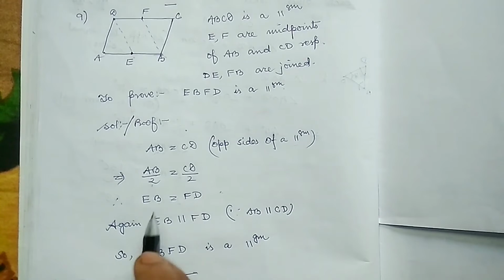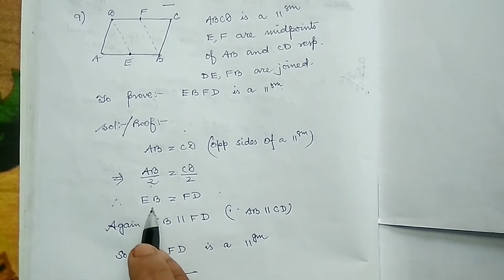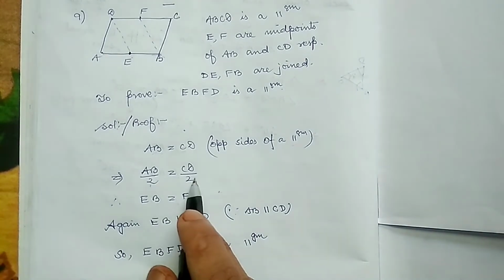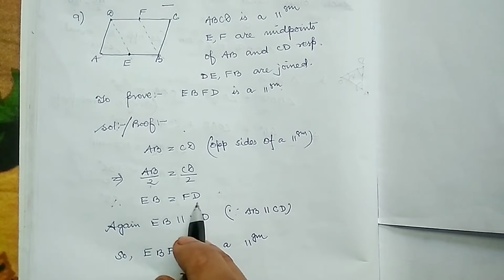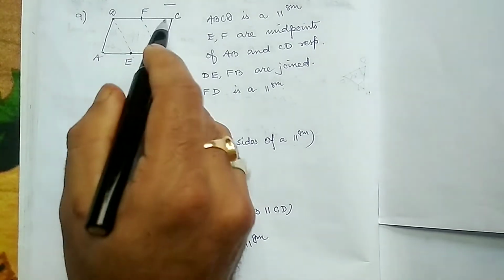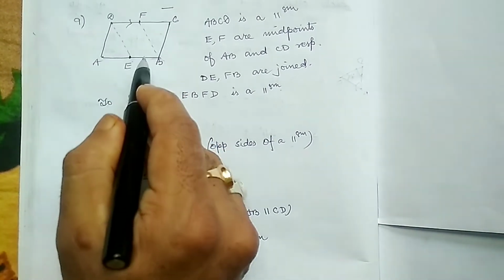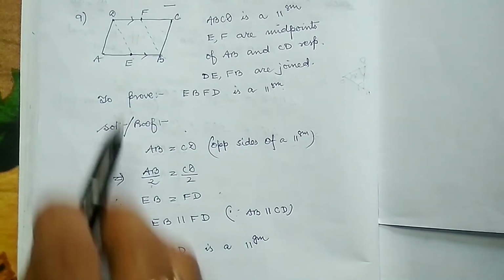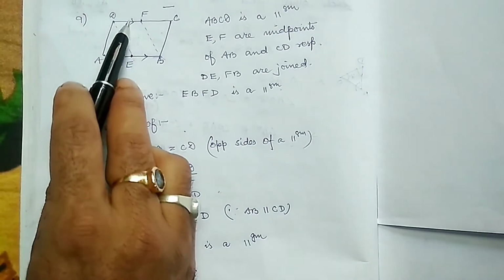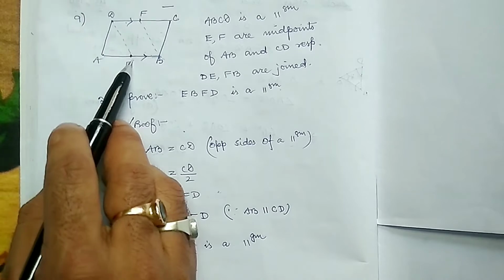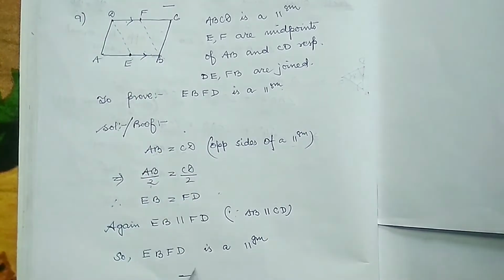So instead of AB by 2, we have written EB, and instead of CD by 2, we have written FD. Now again, since this is a parallelogram, these two sides are parallel and these two sides are equal. Therefore, EBFD is a parallelogram.